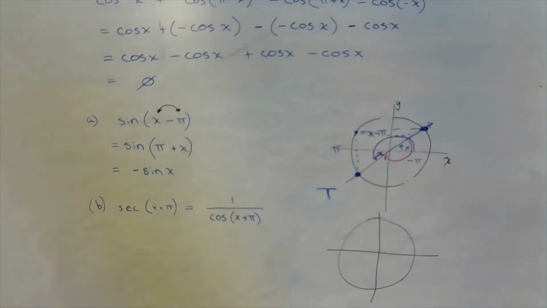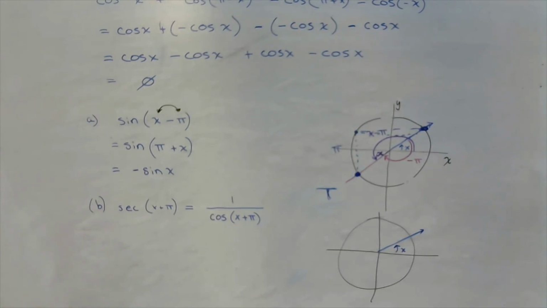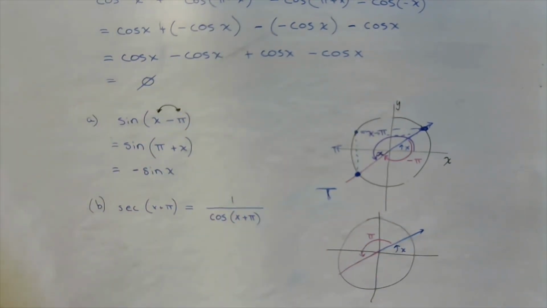But just so that you can see that that's true, if we take any reference angle x, and then we add another pi to x, then we're over here. What did we add? We added pi. It's really just pi plus x. Pi plus x, okay? So we can rewrite this denominator as 1 over the cosine of pi plus x.